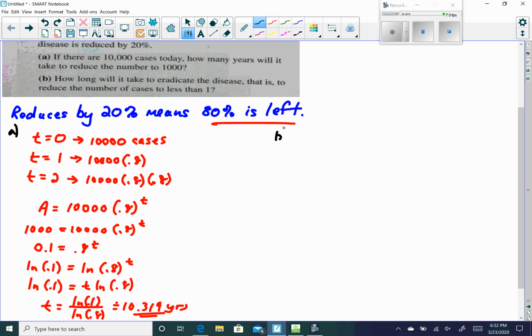Right, for part B, how long will it take to eradicate the disease, that is, to reduce the number of cases to less than 1? What we could do is just pick a number that is less than 1. So let's say 0.4. If we set 0.4 equal to 10,000 times 0.8 to the t, I would divide 0.4 by 10,000, and then take the natural log of each side.